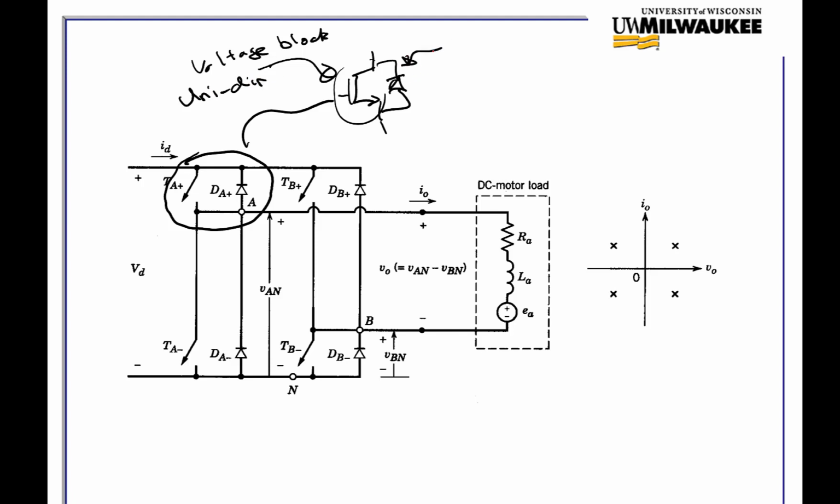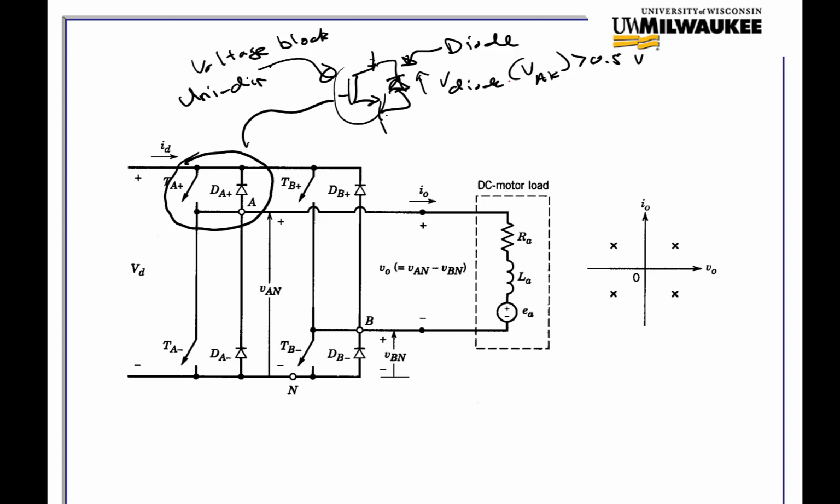And then I've got this diode which cancels out my voltage blocking capability, because if this voltage, the V diode from anode to cathode, is greater than, say, 0.5 volts or something, this diode's going to start conducting.